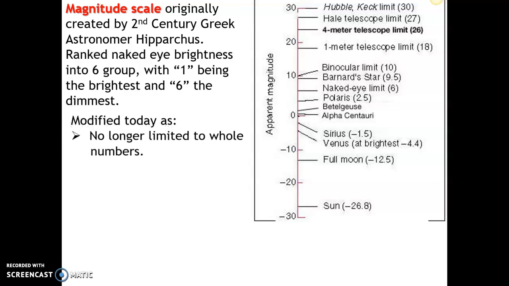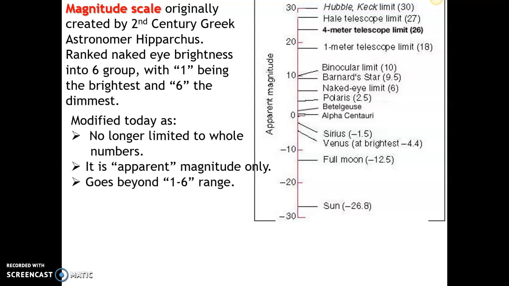Today we modified it as no longer limiting the whole numbers. You can see that. We put parts in there. It is apparent magnitude only. Okay, so now how bright it appears to be. So it's not actual brightness, but how bright it appears to be. It goes beyond the 1 to 6 range, which obviously you can see that.